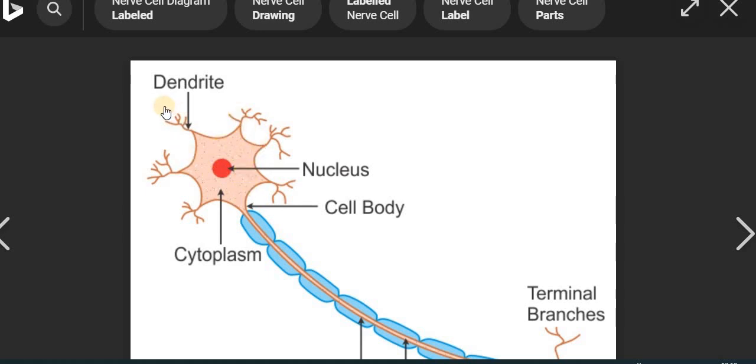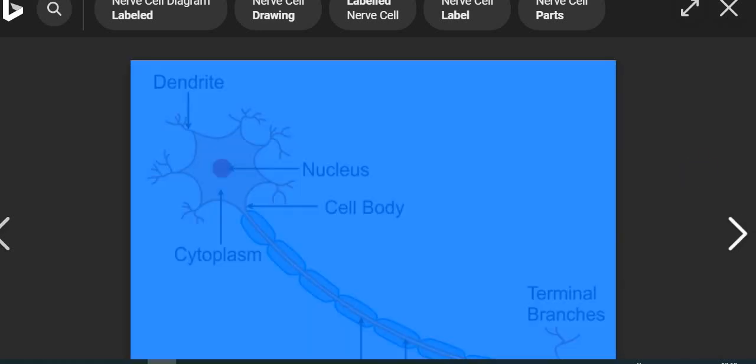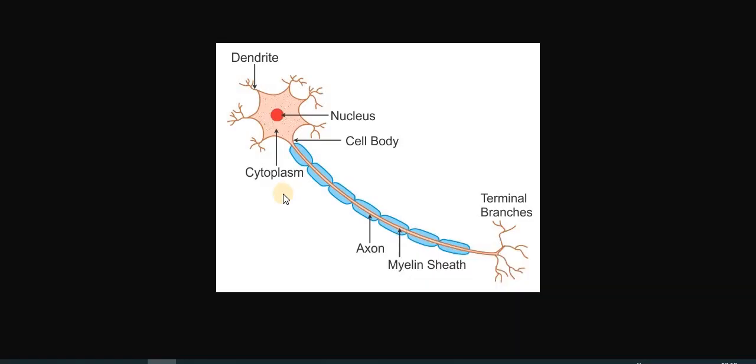From the dendrites the electrical impulse is carried to the cell body. After reaching the cell body, this electrical impulse is passed to the thin structure called the axon. This is called the axon, and in the axon there is a thin sheet-like structure called the myelin sheath.